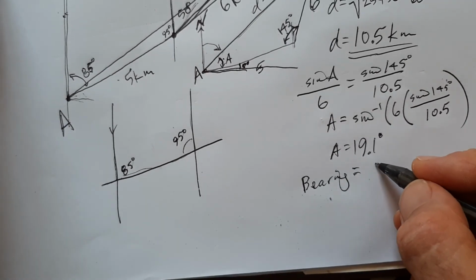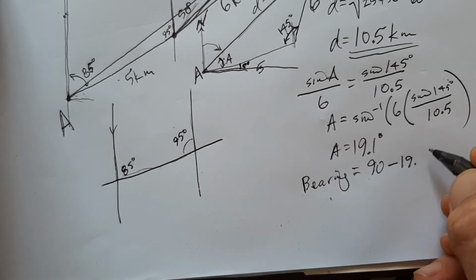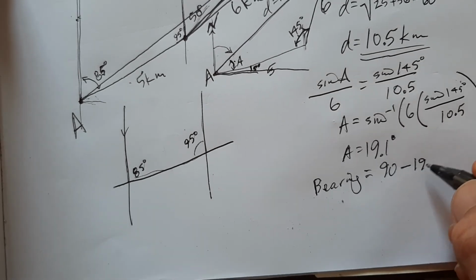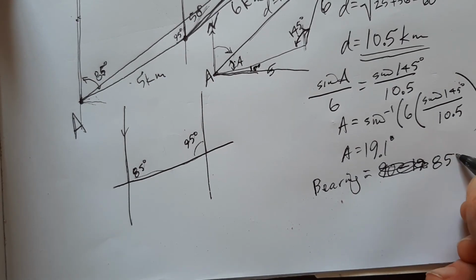So then our bearing will be, so that distance at a bearing of 90 minus 19.1, or I'm sorry, just go with 85. I was going to 85, right?